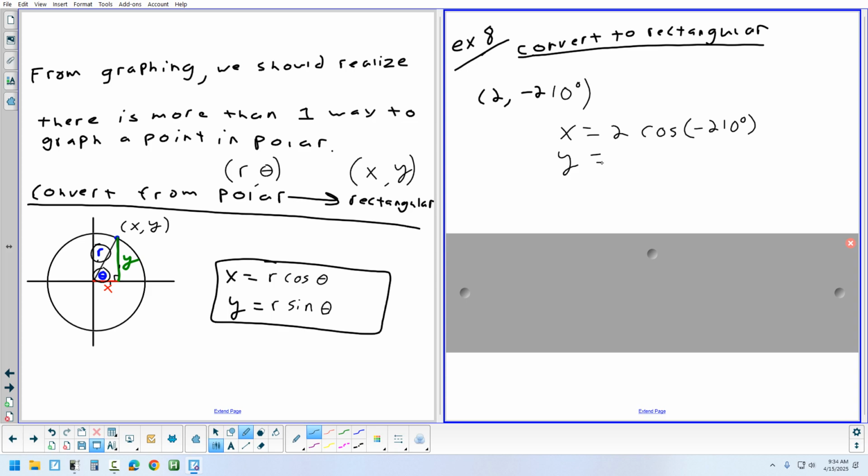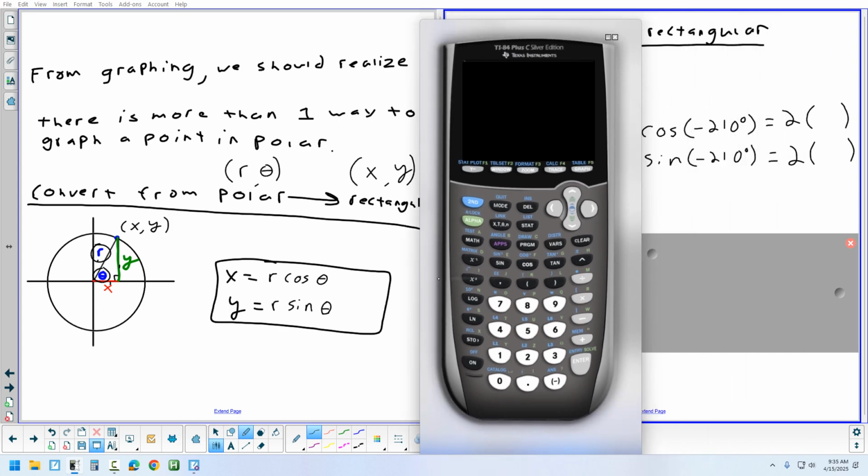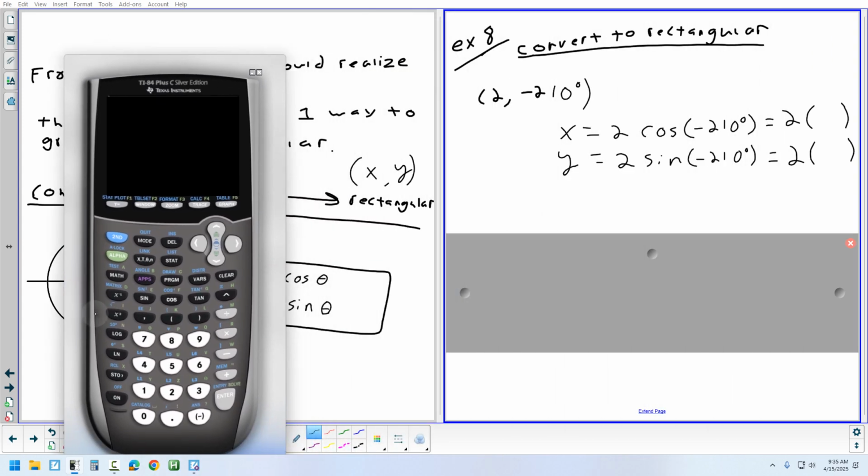Yep, 2 sine negative 210. So this is going to be 2 times something, and that's also going to be 2 times something. I want to figure out what goes in these parentheses. Because that number is a multiple of 30, I want an exact answer. Okay. A decimal is okay if it's exact. A decimal is not okay if it's rounded.